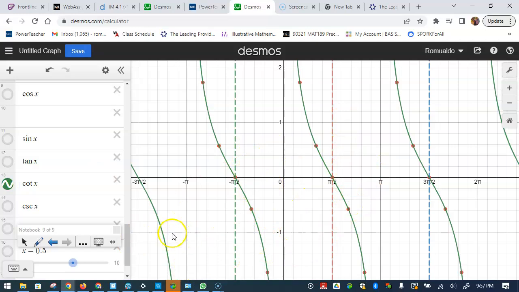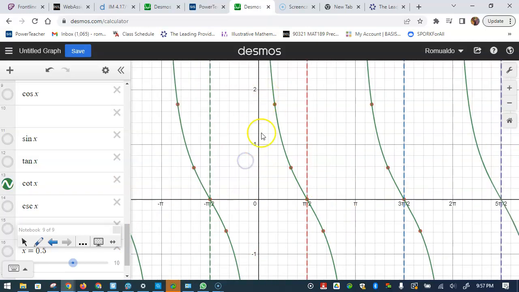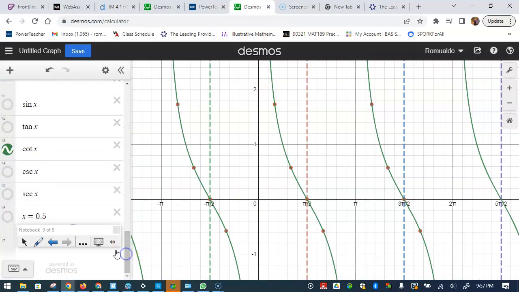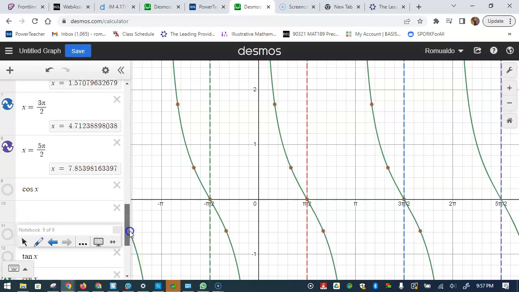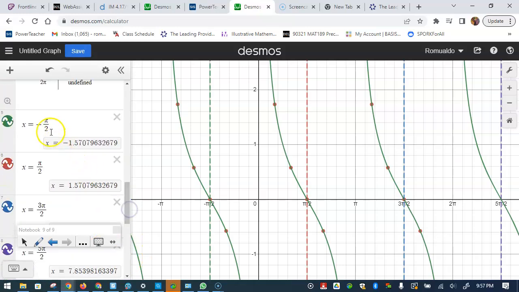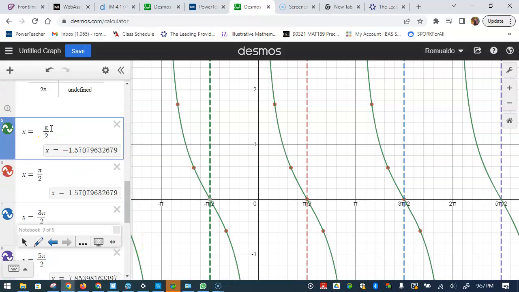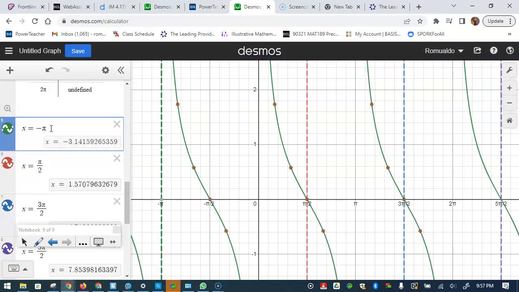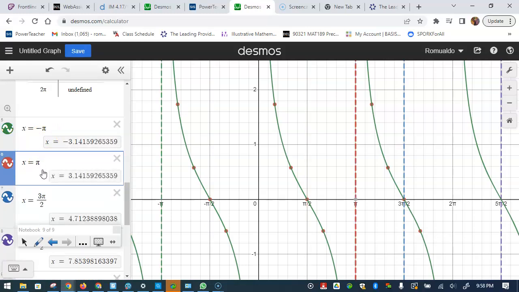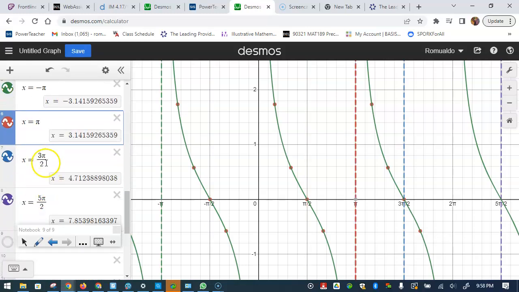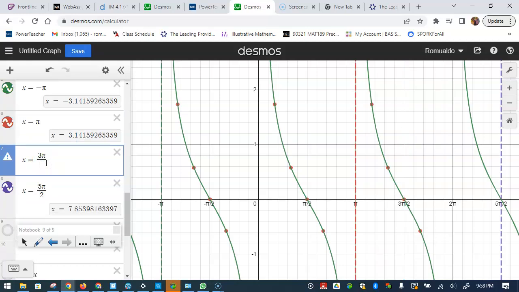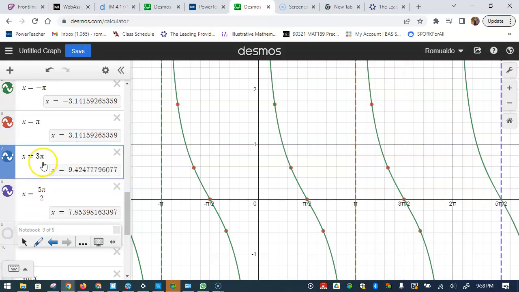And it is undefined at 0. Cotangent is cosine over sine, so I have to take off this, not this. So minus pi maybe, pi, 0 also, then 2 pi, 3 pi, all multiples of pi.